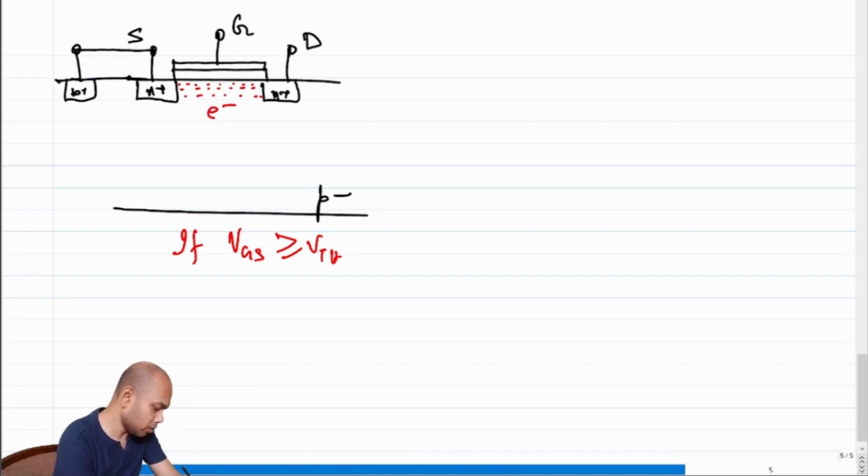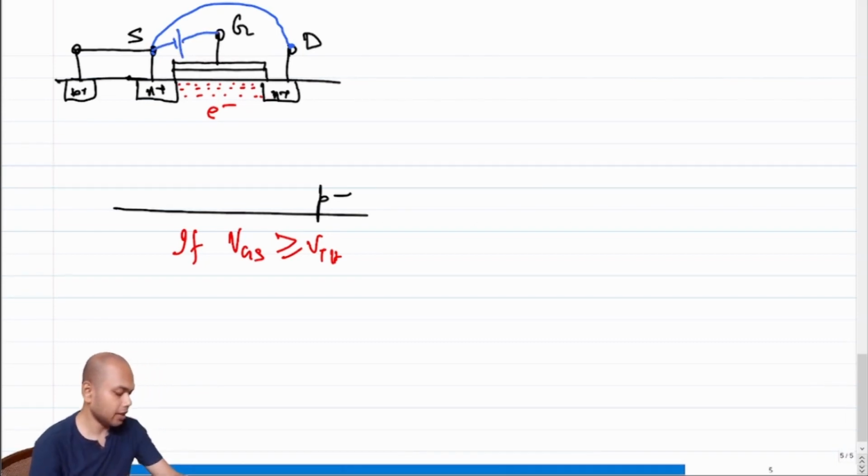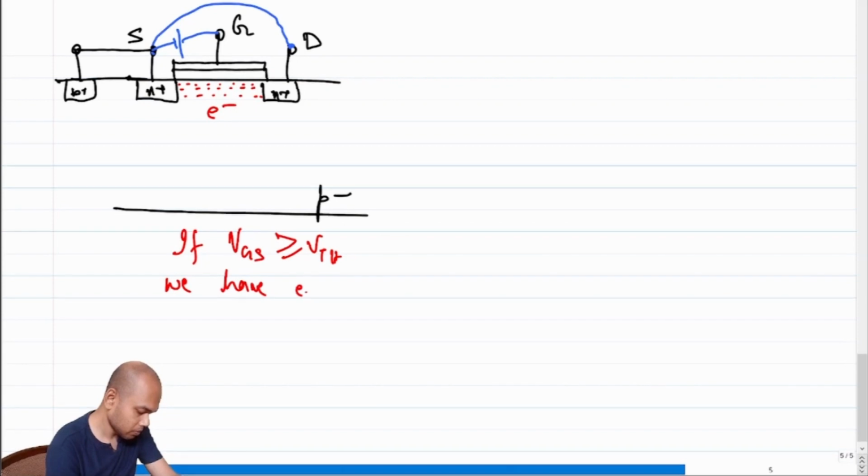For the time being, let's also assume that the source and drain are connected, and there is a voltage between gate and source. If VGS is greater than threshold voltage, we have electrons in the channel.